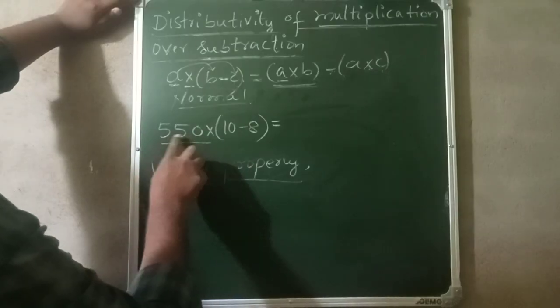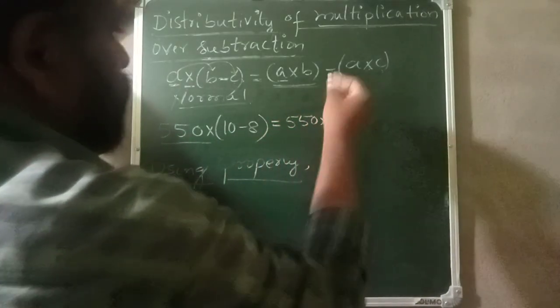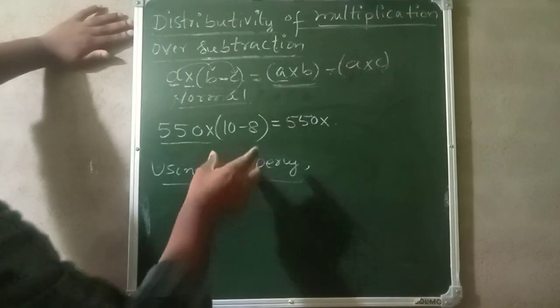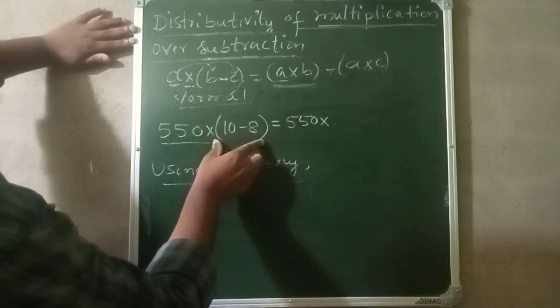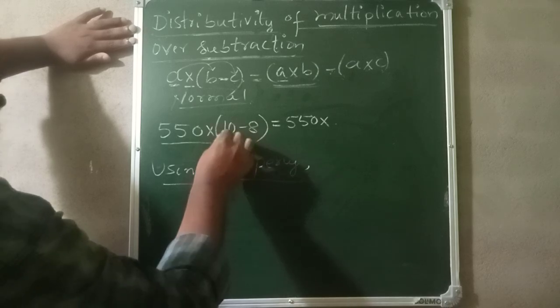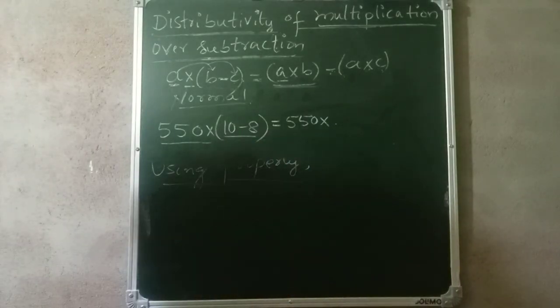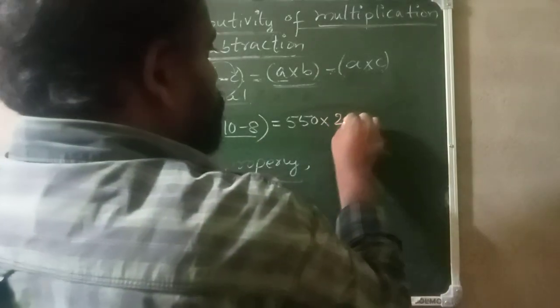First write this 550 into, as it is. Inside this bracket, whatever we have, we have to simplify first. So inside this bracket we have 10 minus 8. So 10 minus 8 is how much? 2.